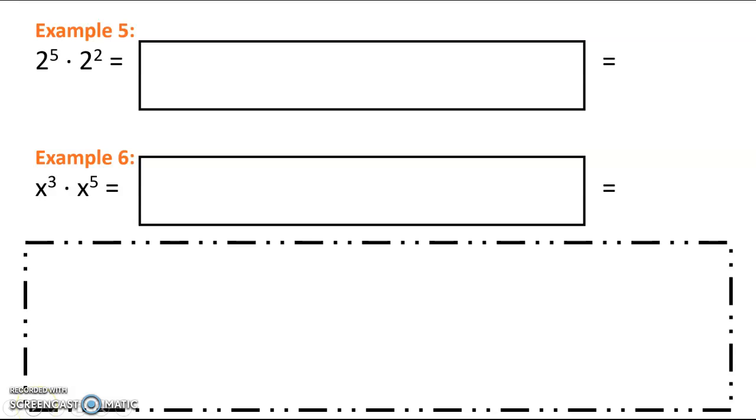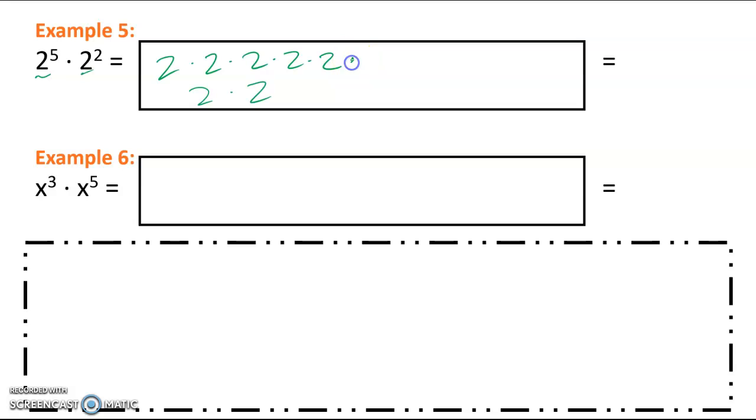Now what would happen if we took 2 terms with the same base and multiplied them together with different exponents? If we draw it out, 2 times 2 times 2 times 2 times 2 is 2 to the 5th power, and then multiply that by 2 times 2.